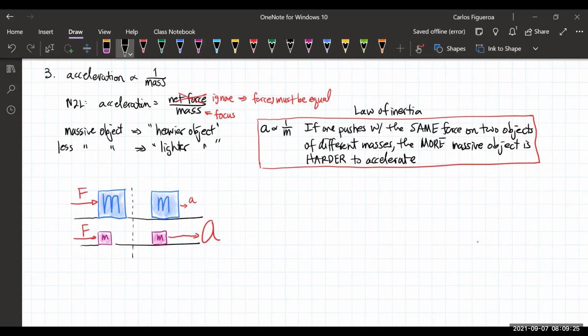So when I look at this thing, we say that the larger the mass, the smaller the acceleration.